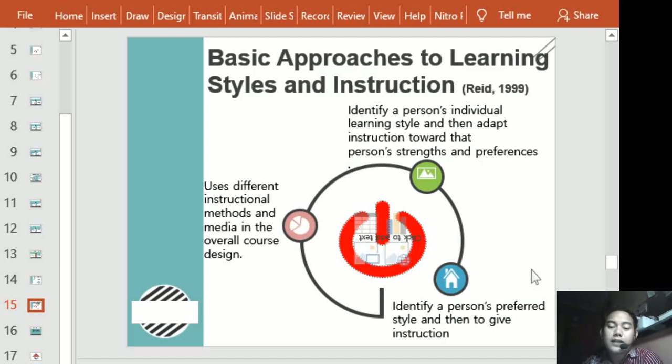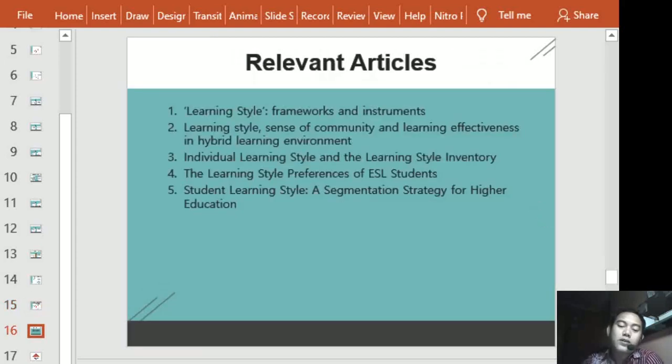The goal of this one size fits all method is to have all learners achieve a set of predefined instructional objectives. So in conclusion, a learning style is an individual's preferred way of learning. When an instructor's style matches a student's learning style, that student typically experiences greater satisfaction and a more positive attitude toward the course.